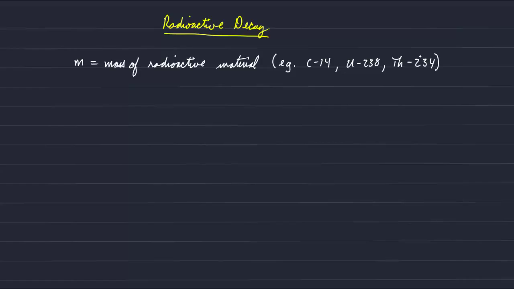The rate of decay of the mass is proportional to the amount of mass present. The rate of loss of m is proportional to the amount of material decaying. That should make sense.